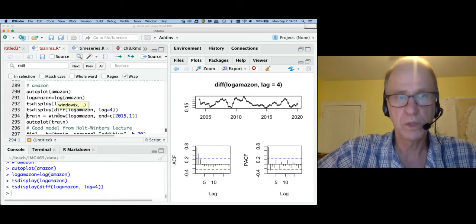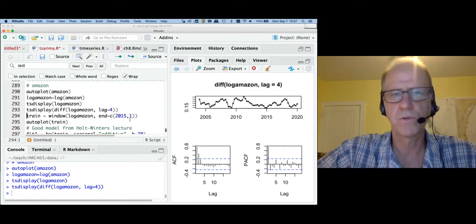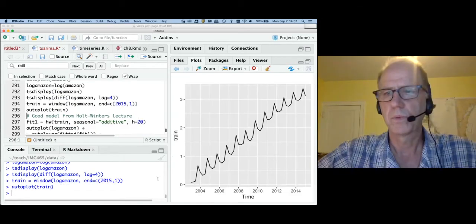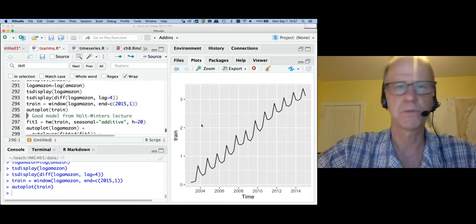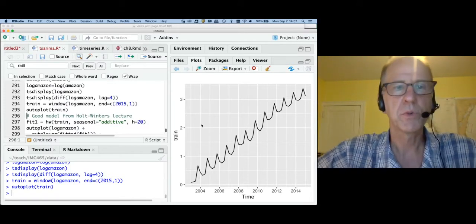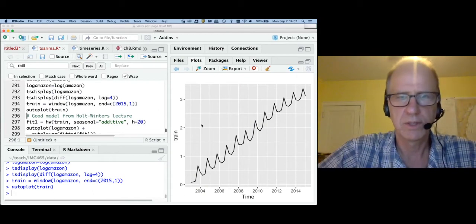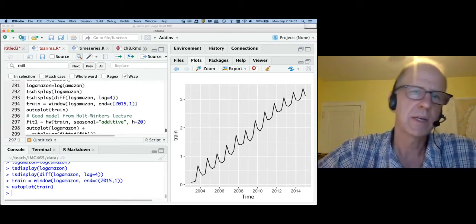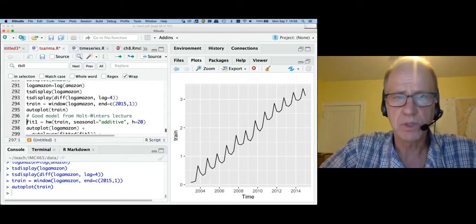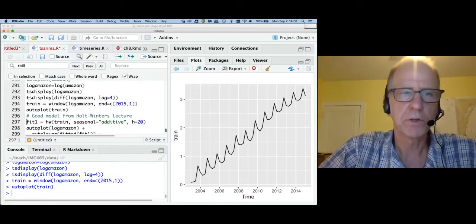As I did in the Holt-Winters video, let's set aside the last 5 years as the test set. Now we're only going to use data through the first period in 2015 to train our models. We use the rest for the test set. Back in the Holt-Winters lecture, we decided that an additive model using the log data gave a very good fit.